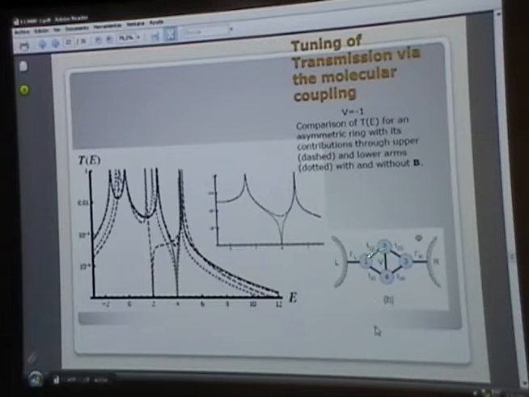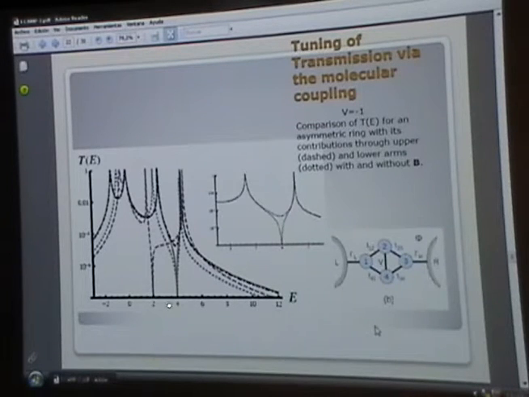That corresponds to this red or pink curve. And the blue one corresponds to doing the same, but with t equal to 0 between 1 and 4, and between 4 and 3. So the electrons go through the upper arm with the site 4 as a lateral appendage.